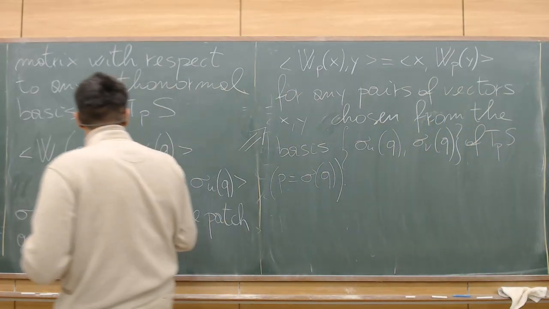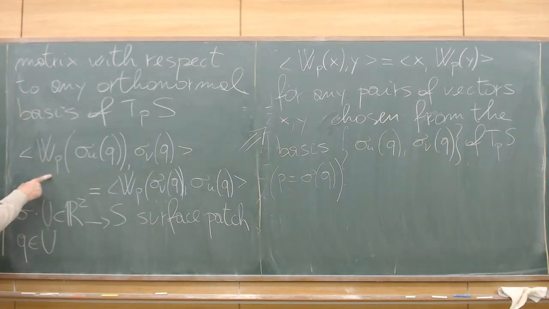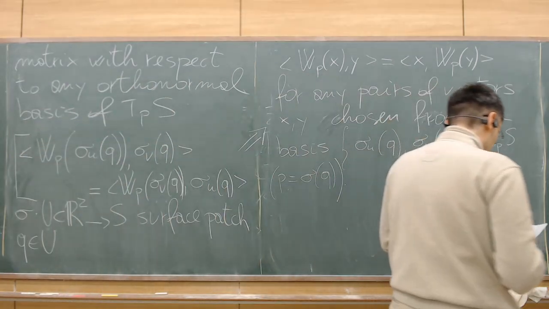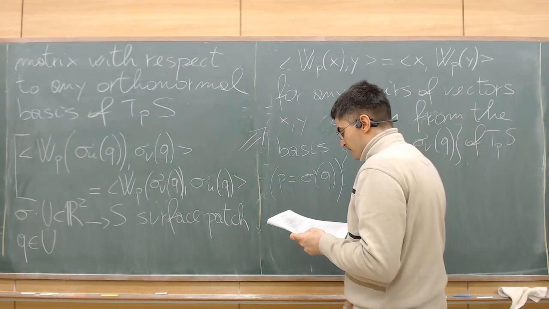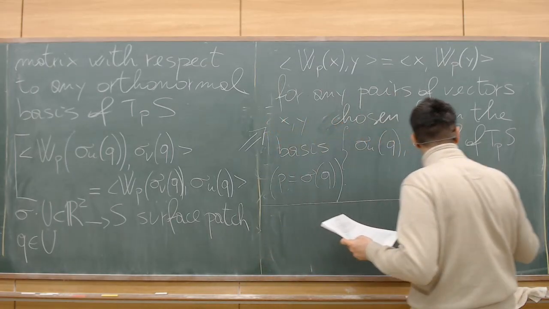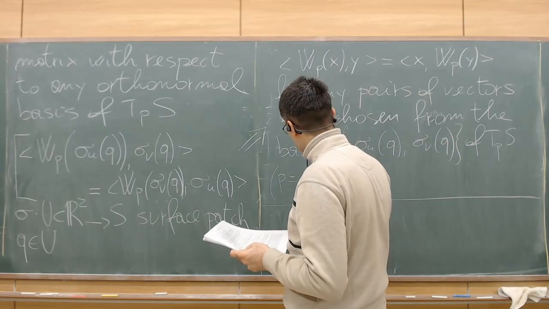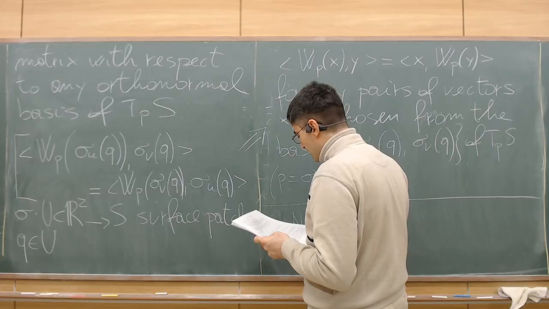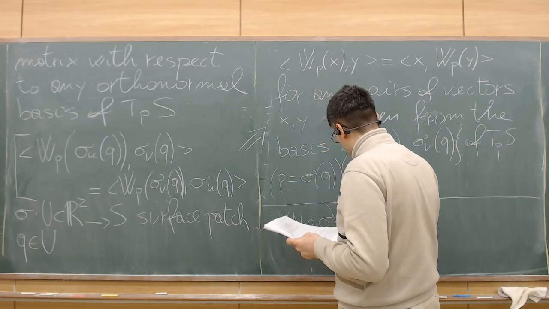Okay, so how to prove this one? We start observing what follows. Let's consider the map N composed with sigma at q.